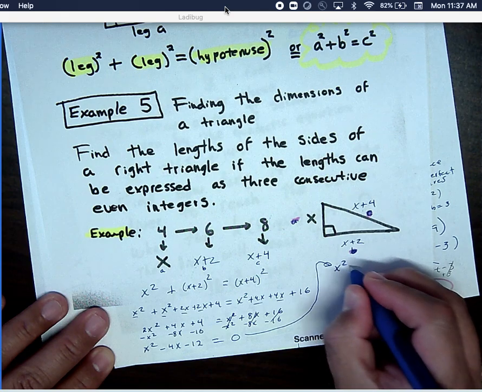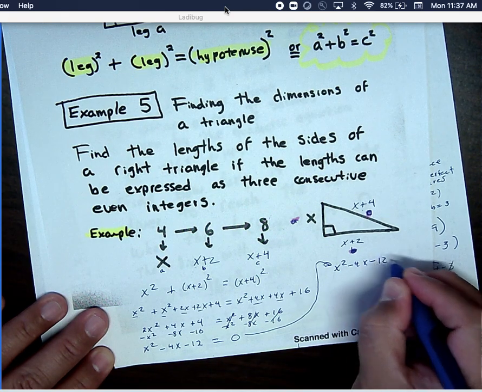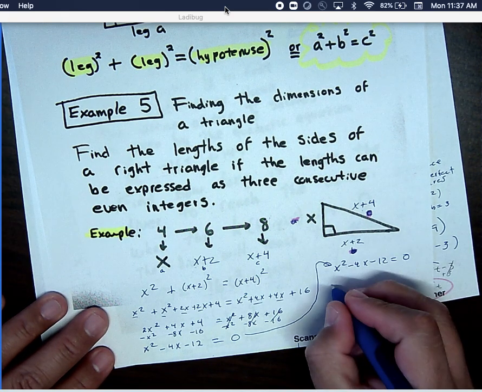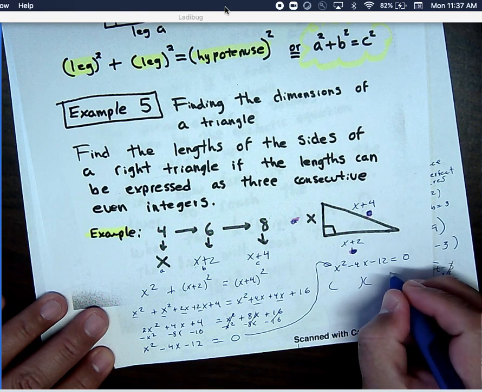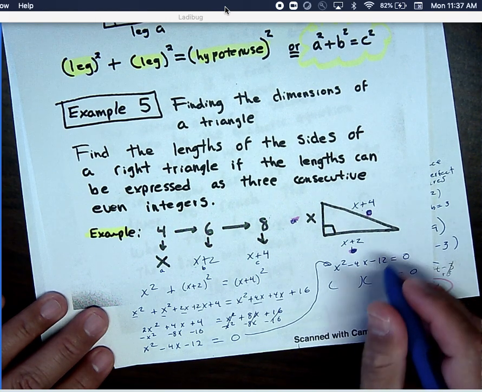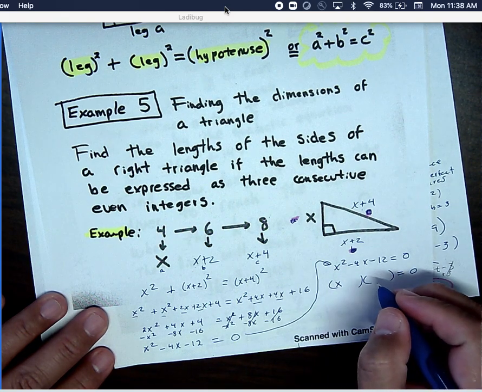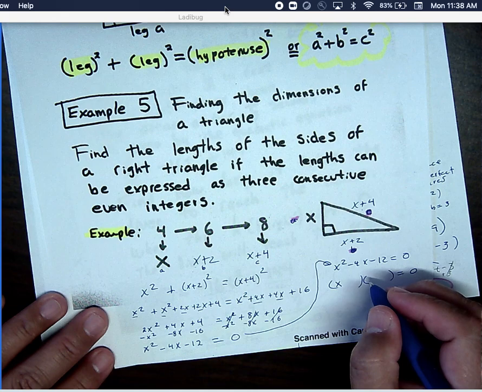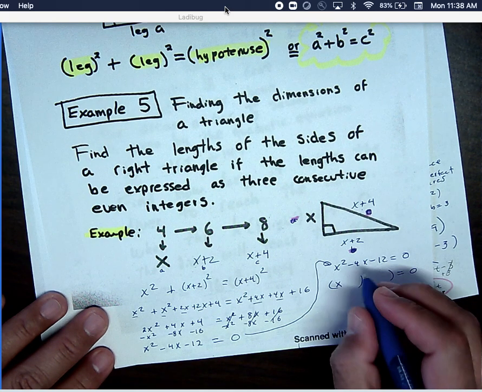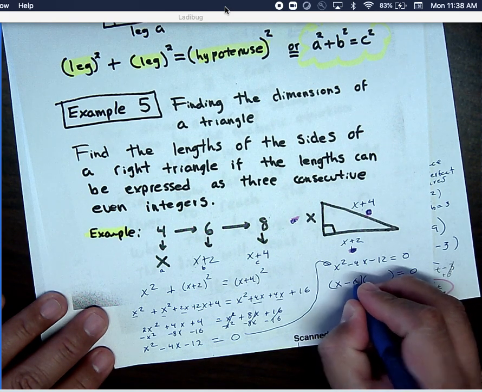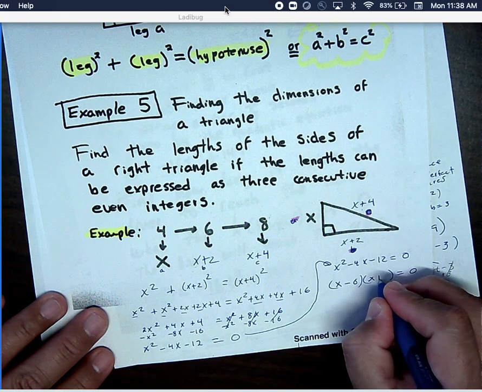So now we need to factor it out. So I know the factors would be x minus 6, so we need a negative, and then x plus 2.